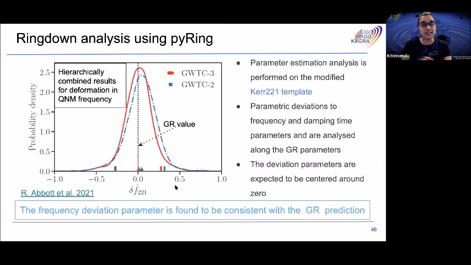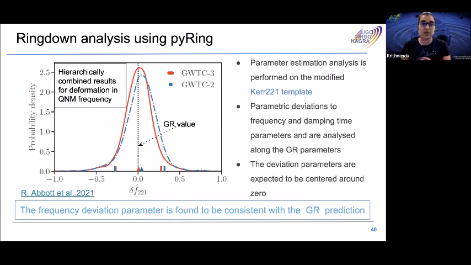So the next type of analysis we do is by introducing a parametric deviation in the ringdown frequency and amplitude using the Kerr221 template. So the delta f221, which is plotted on the left side, is the deviation introduced in the f221 frequency parameter. The distribution here shows two different curves.